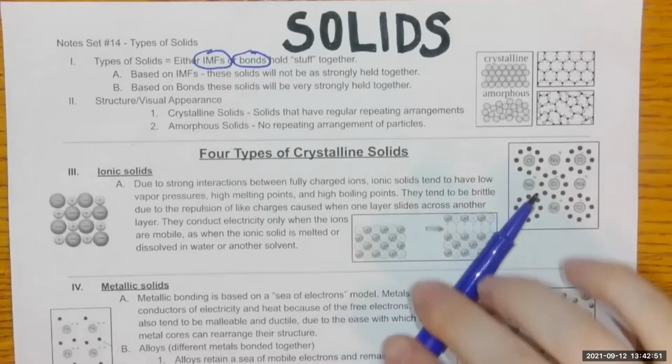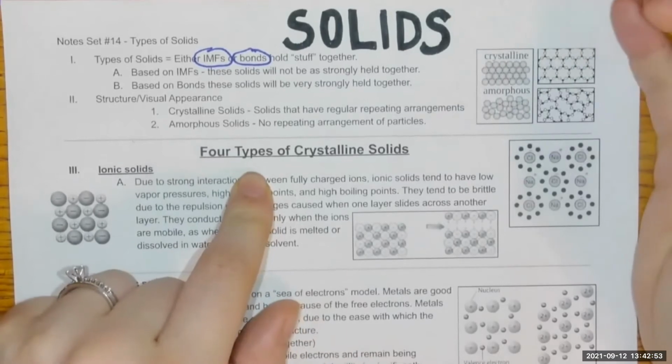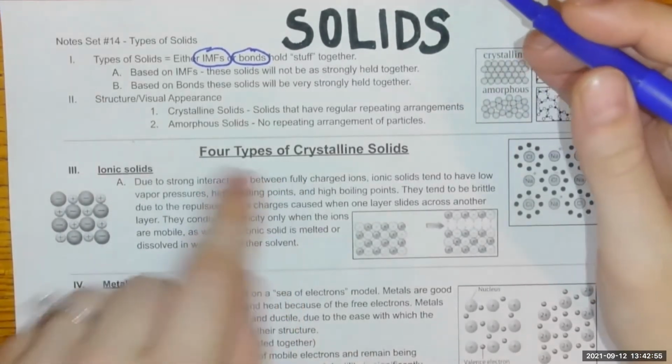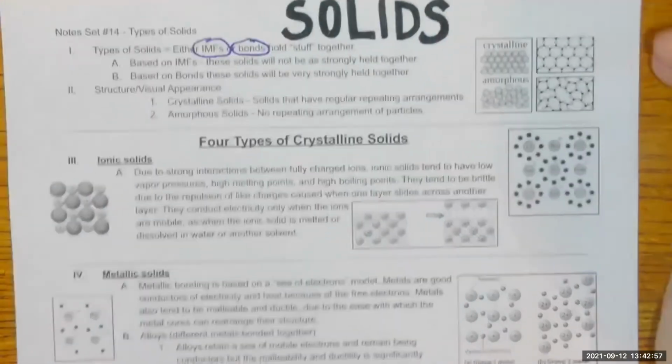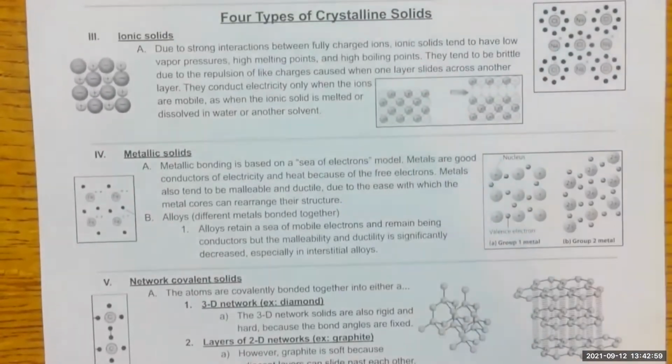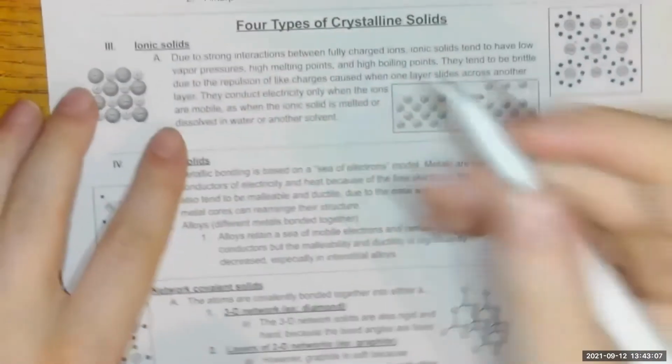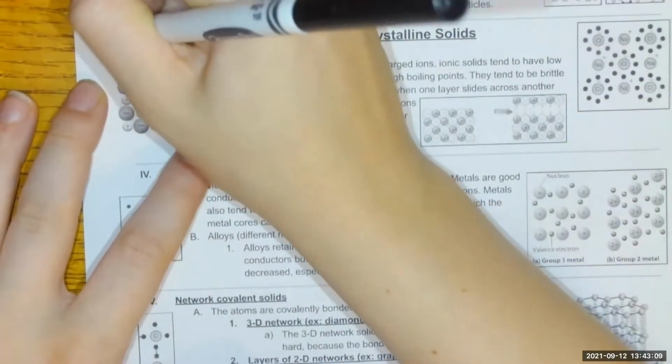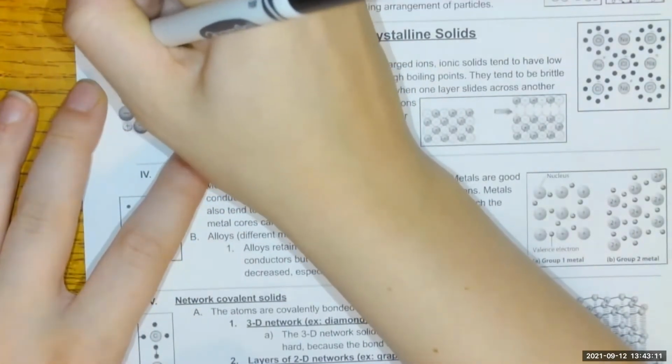There are 4 types of crystalline solids. I'm skipping the visual appearance for a moment. There are 4 types of solids that I want to label here. So number one, make this real dark.